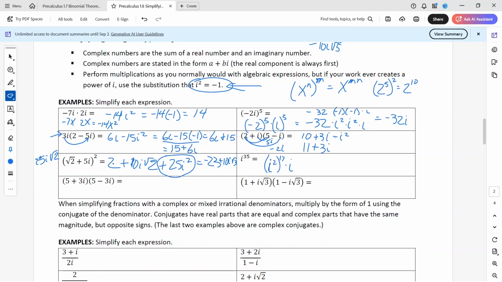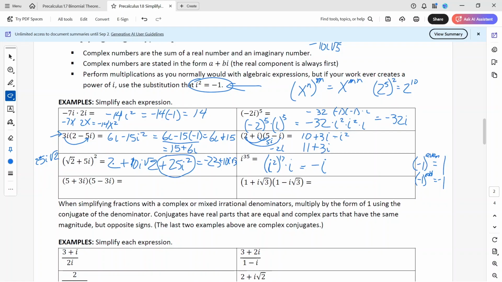Now i squared is negative 1, and negative 1 raised to an even power gives positive 1, but negative 1 raised to an odd power gives negative 1. So I have negative 1 raised to an odd power, that's a negative, but then that negative 1 times that i is simply negative i.